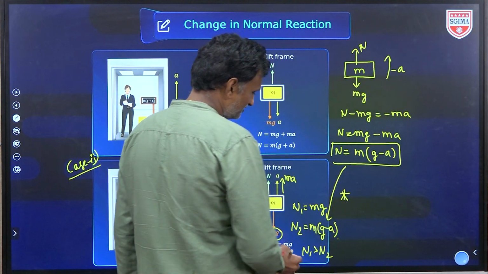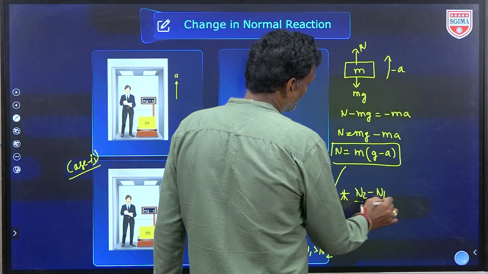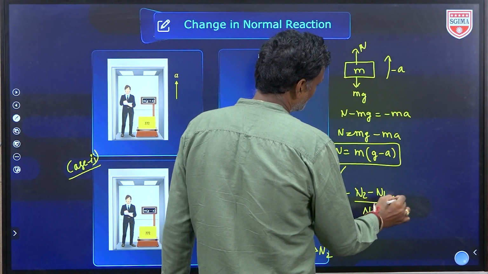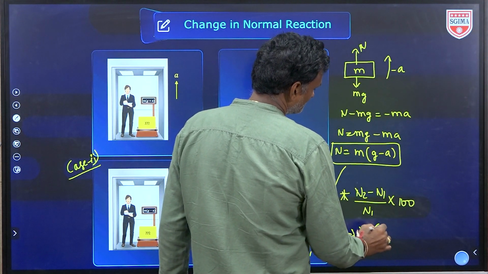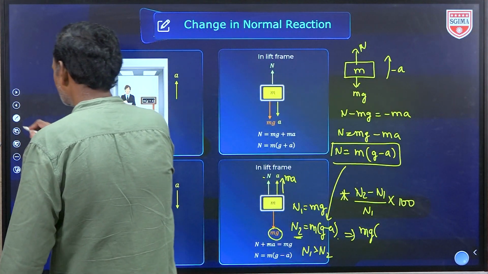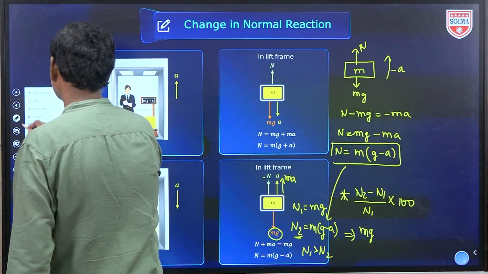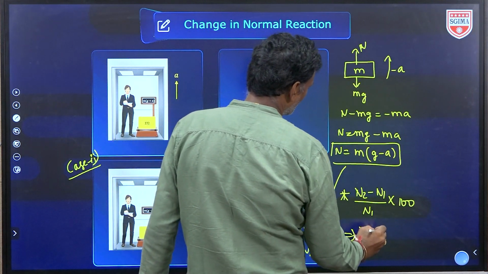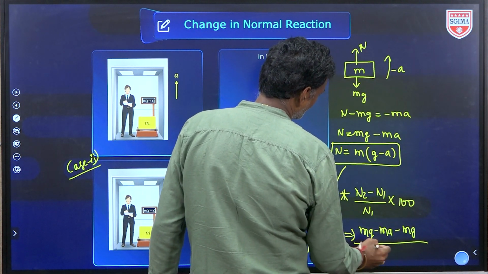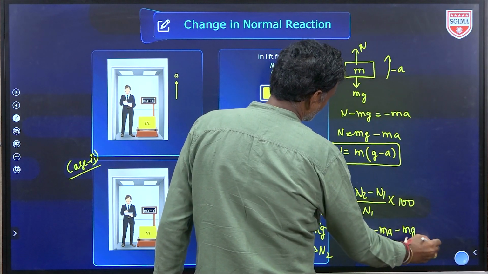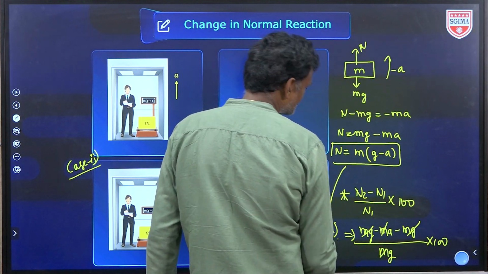Fractional change in the weight: here it is n2, so we take n2 minus n1 by n1 into 100. n2 value is mg minus ma, and minus mg, divided by mg, into 100. mg cancels.